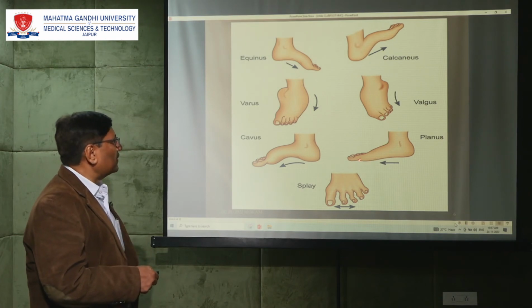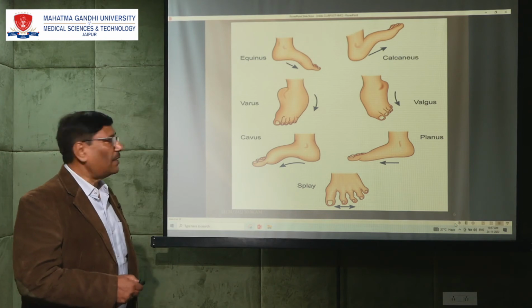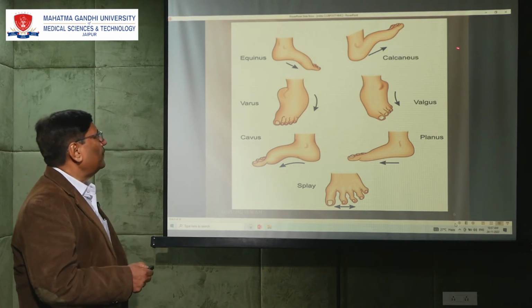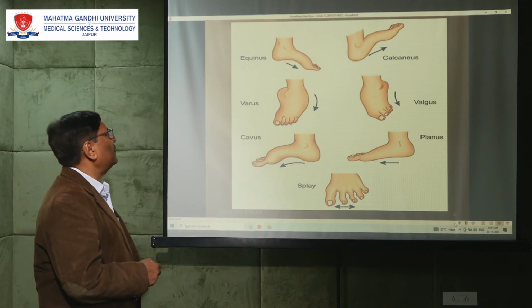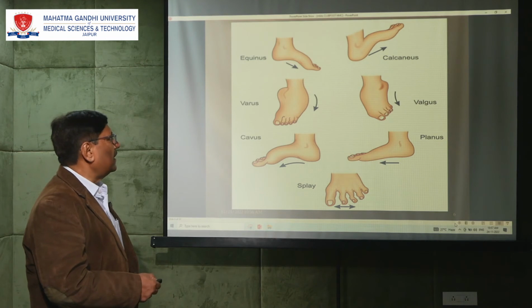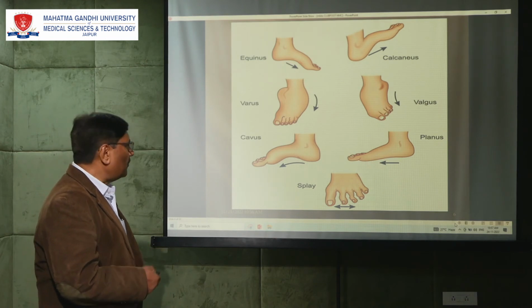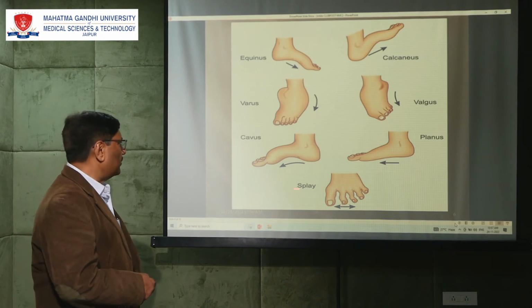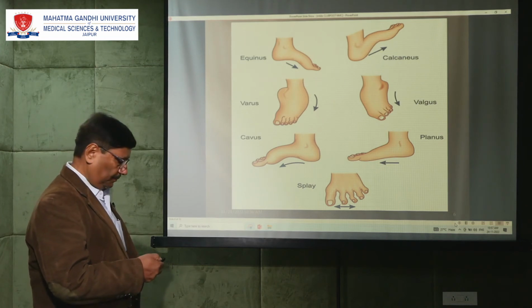Opposite of it is planus. So in CTEV or clubfoot, we have equino-cavovarus deformity, and we must differentiate between an equinus and calcaneus, a varus and valgus, and a cavus and planus foot. In some of the feet, there is flattening of the transverse arch, which results in a splay foot.